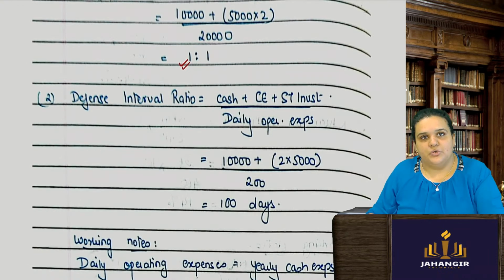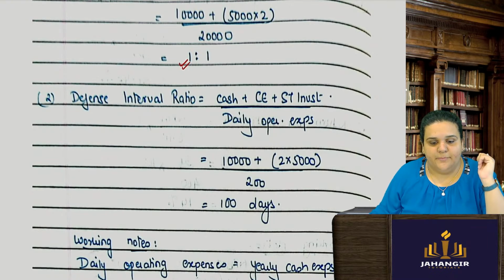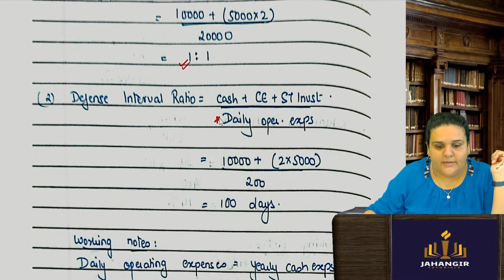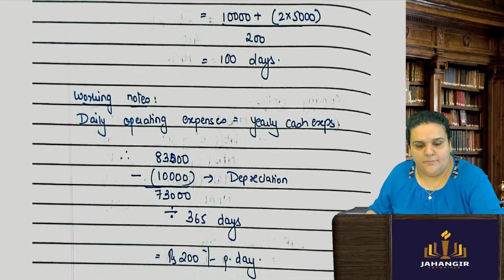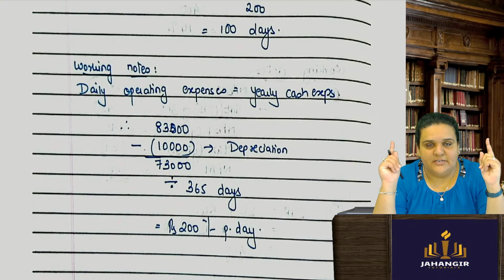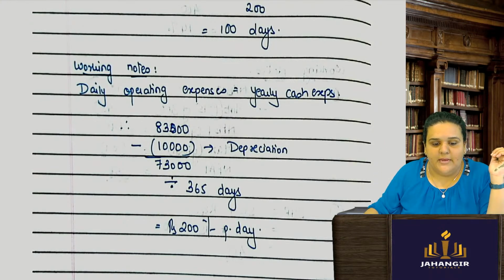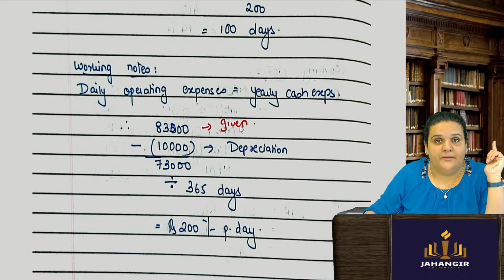Defense interval ratio. Same thing: cash plus cash equivalent plus short-term investments upon daily operating expense. Now I do not know my daily operating expense, so I have done a working note. Daily operating expenses means yearly cash operating expenses. They have given me 83,000, but that is including depreciation. Depreciation is a non-cash expense.